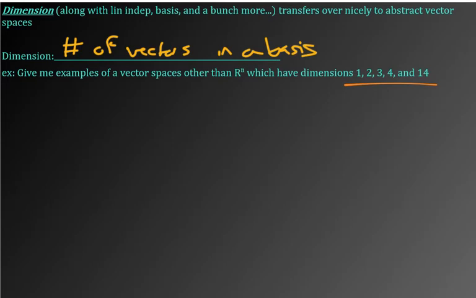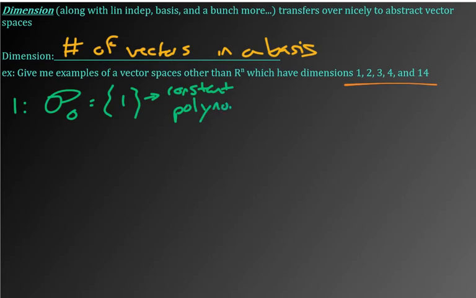So let's do dimension 1. Let's do polynomial space 0. The basis for this would be just a 1. It's basically your constant polynomials. And that space has dimension 1.